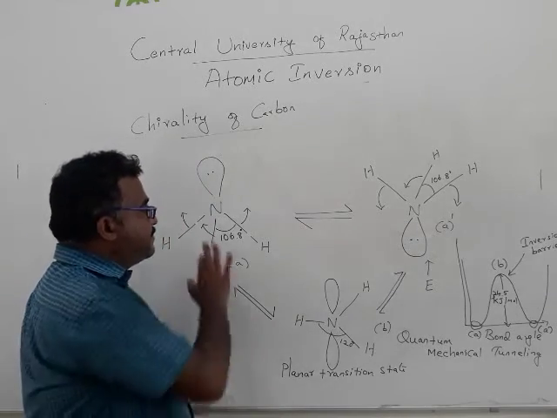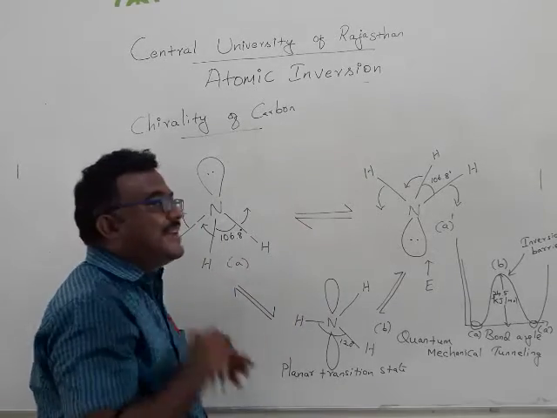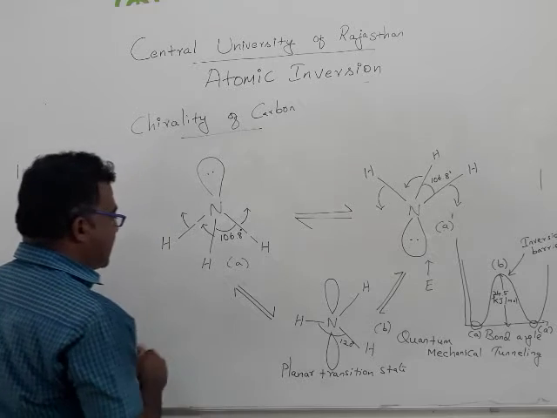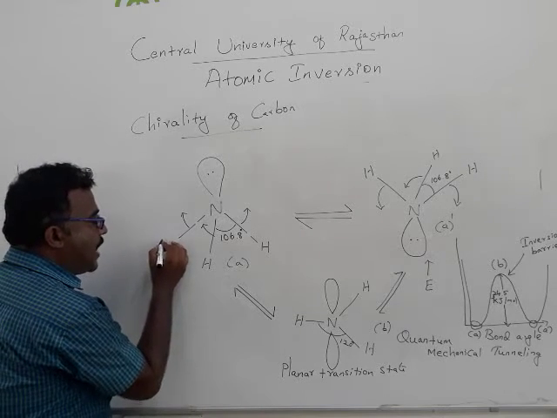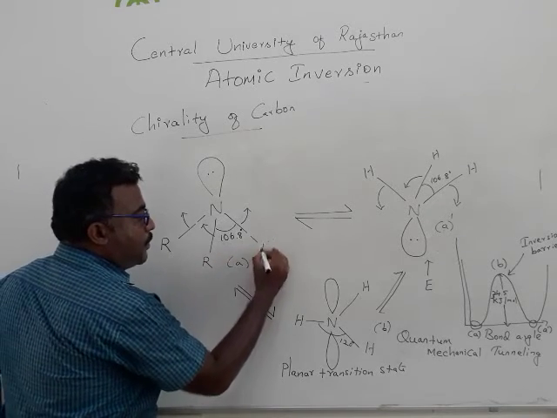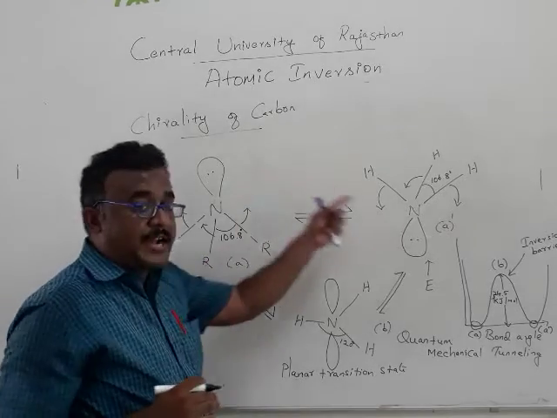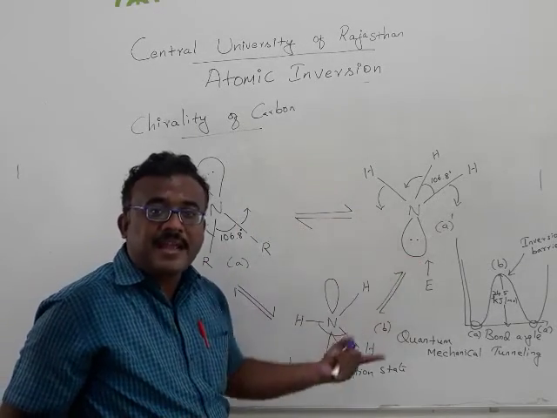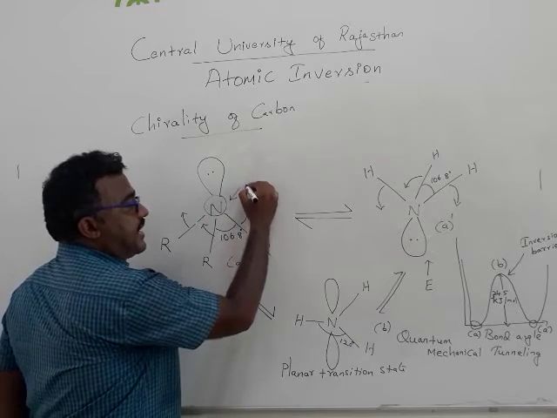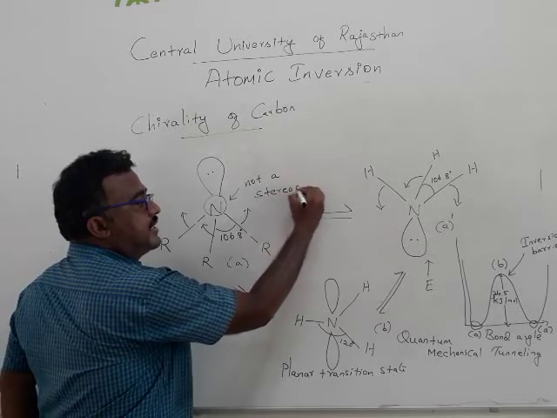Because the ammonia molecule can undergo this type of inversion, it loses its stereocenter. The same reason applies if you put R groups on N. If you put N with three R groups and it undergoes inversion, the nitrogen center can lose its stereocenter. Why is it not a stereocenter?